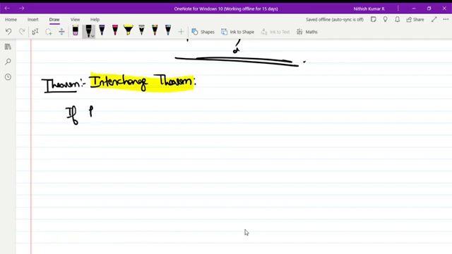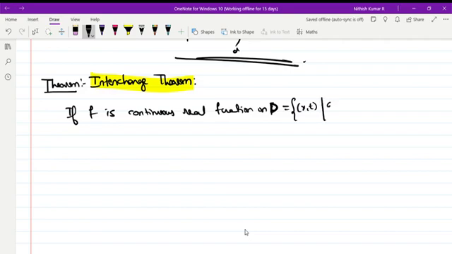Interchange theorem: if f is a continuous real function on the closed rectangle D, that is nothing but the set of ordered pairs x comma t such that a less than or equal to x less than or equal to b, c less than or equal to t less than or equal to d.